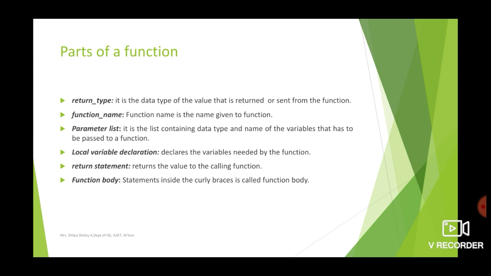Once the function task is done, we need to return the value, so we write the return statement. It returns the value to the calling function. Local variable declaration, return statement, and in between the body of the function will come. Any statement that you write inside the pair of curly braces is nothing but the body of the function or the function body.